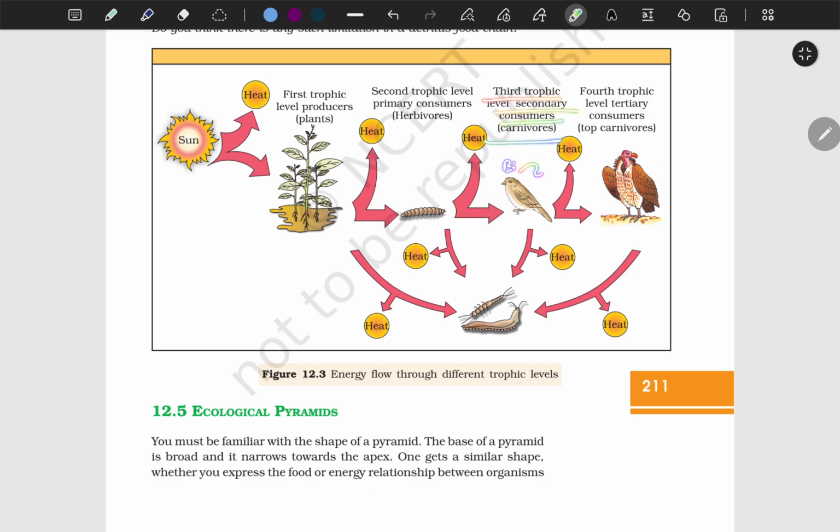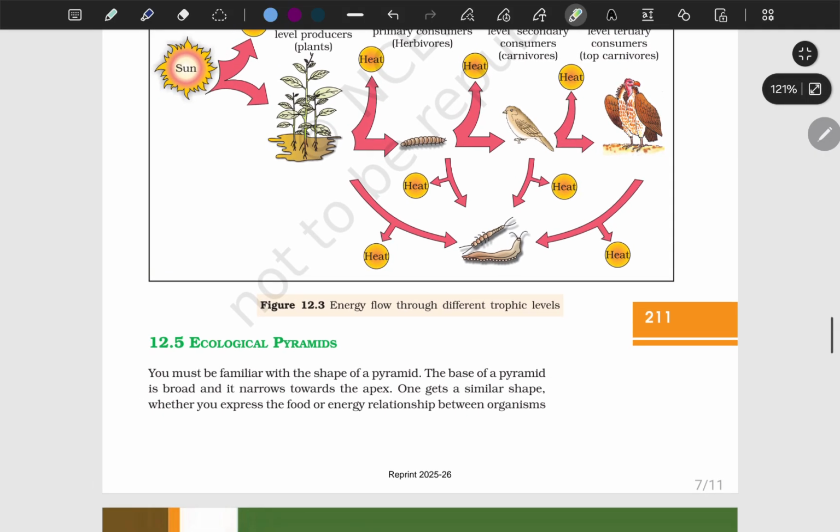These are the birds. Some heat is again released, and 10% of the energy is moved on to the fourth trophic level, the tertiary consumer or the top carnivore. This is the eagle or the vulture.